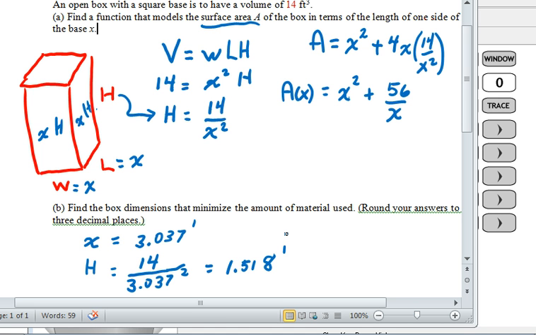And so each side of the base will be 3.037 feet, and the height of the rectangular open box will be 1.518 feet. This time we had to go to the calculator. It was not a quadratic function where we can just find the vertex.